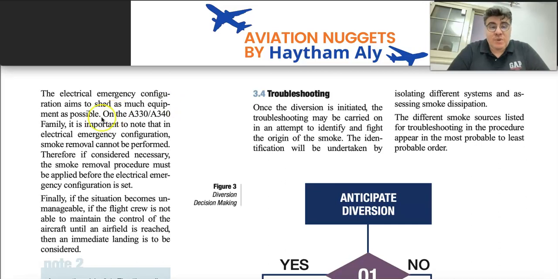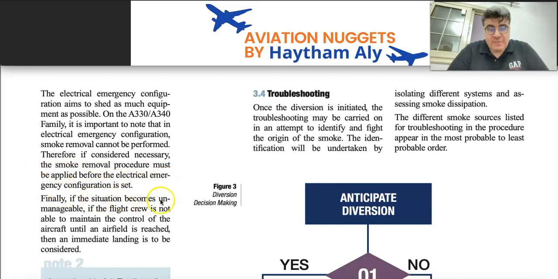As you can see here, for example, on the A330, A340 family, it is important to note that in electrical emergency configuration, smoke removal cannot be performed. Therefore, if considered necessary, the smoke removal procedure, ventilation, must be applied before the electrical emergency configuration is set.